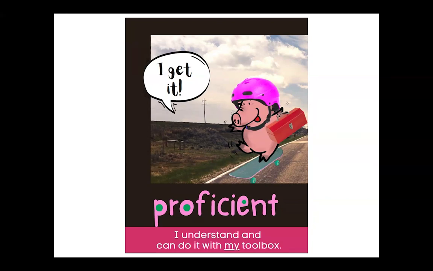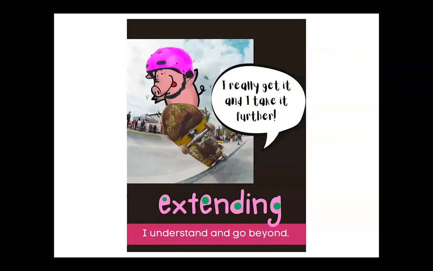That should be part of what we're looking for. So she actually changed the poster, added the little toolbox. Isn't that so cute? And changed the language there. So it was very much a co-creation and communication discussion with her students. And then, of course, extending: I understand and go beyond. And her students have a very clear understanding that they are striving for proficiency within the activities that they do.